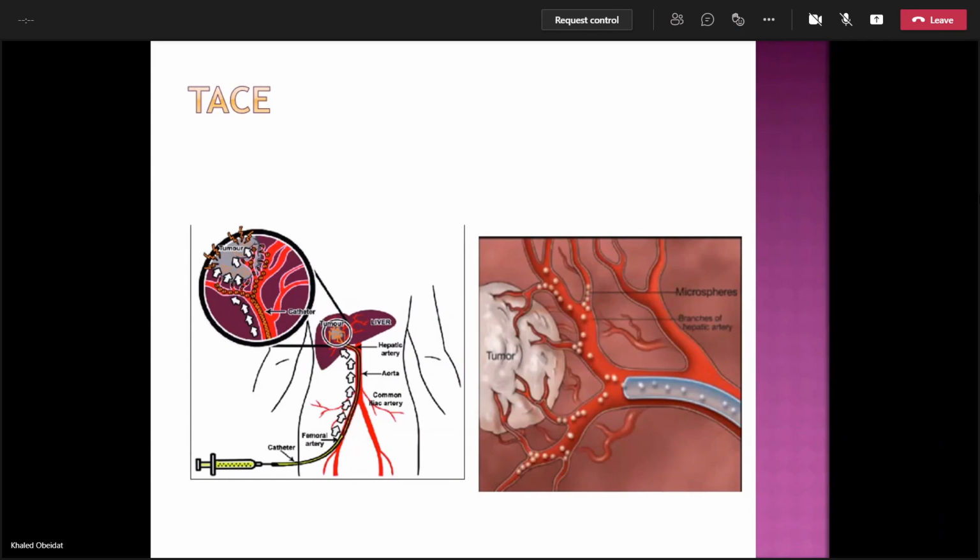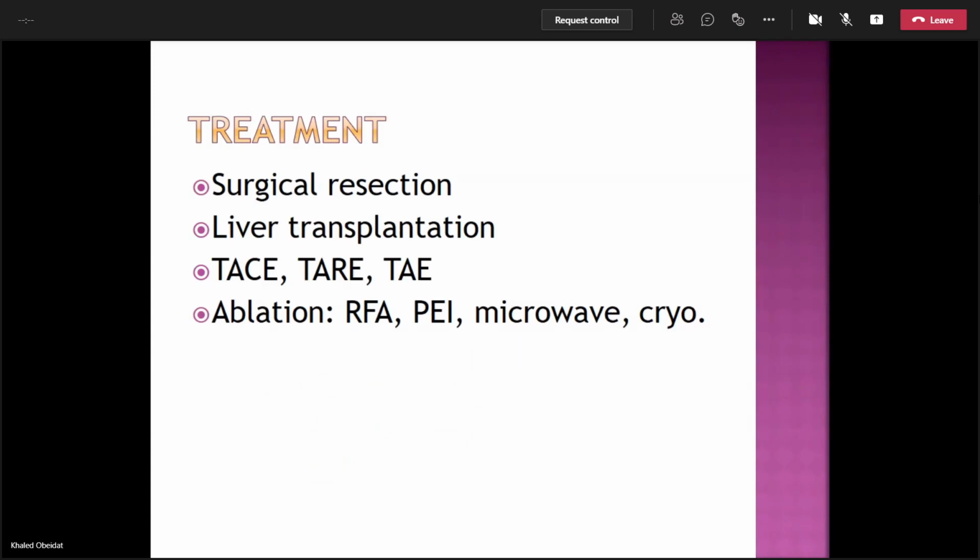So if we occlude these branches with spheres, these spheres can contain chemotherapeutic agents, which we call chemoembolization, or radioactive material, which we call radioembolization, or can be bland just to occlude the vessels. That may help to shrink the tumor or at least slow its growth. So this is TACE or TARE.